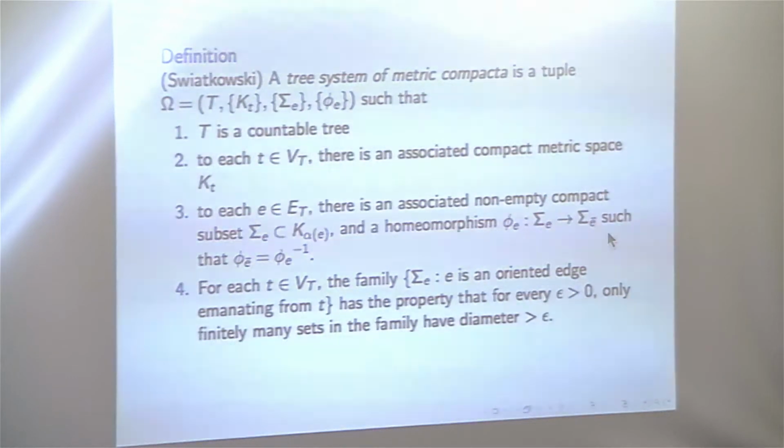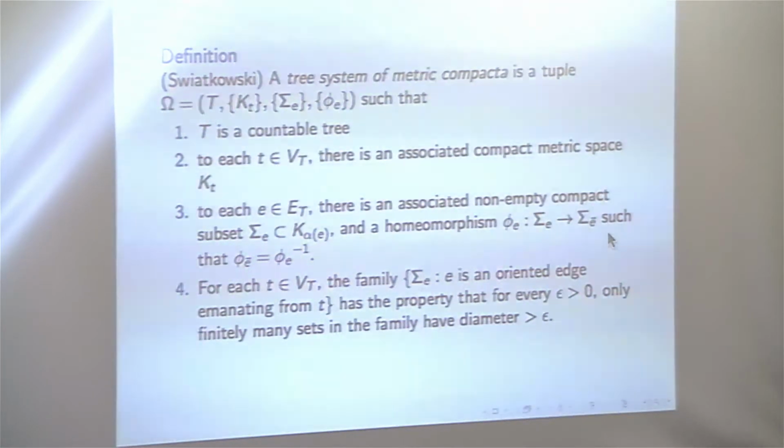He says, I'm going to have a tree system of metric compacta. So I have some tree, which corresponds to the Bass-Serre tree of my graph of groups decomposition in the examples I was talking about. For each vertex, I have an associated compact metric space, which we'll think of as the limit set of that subgroup, or the boundary of that subgroup. Then for each edge in my tree, there's another non-empty subset, which for us will just be two points, corresponding to that Z splitting.